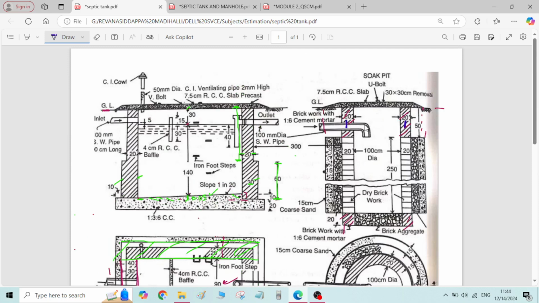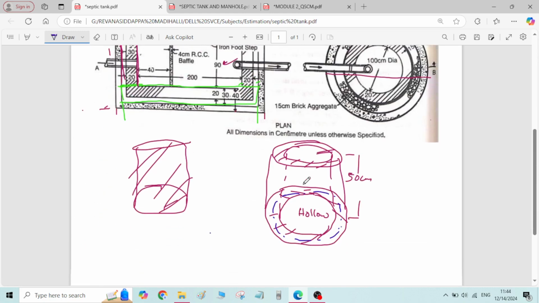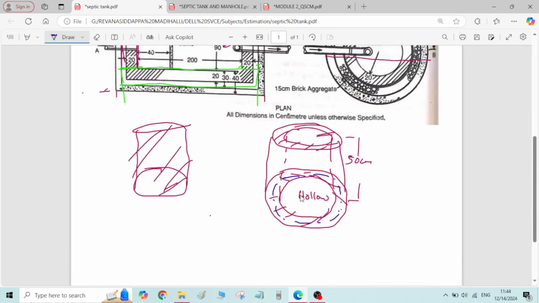Inner to inner dimension is 100. Thickness of the second class brickwork is 20 centimeter, so half means you get 10 centimeter on one side, 10 centimeter on the other side. So 100 plus 10 plus 10, how much? 120. 1.2 meter will be the average diameter.